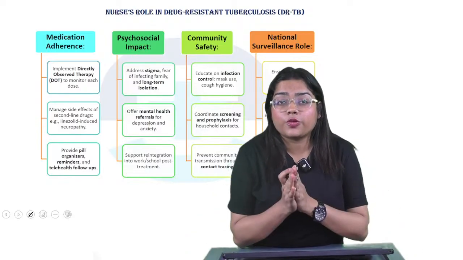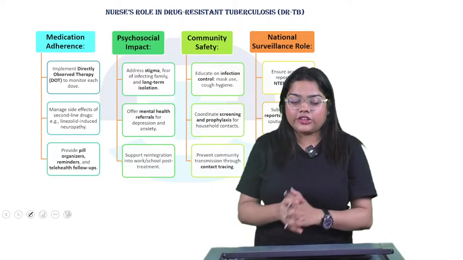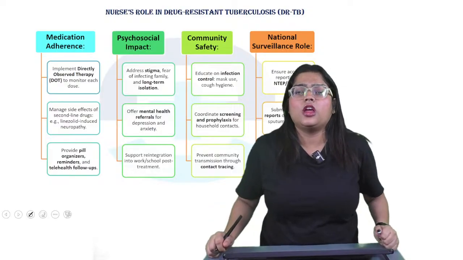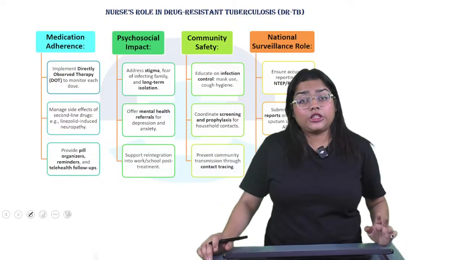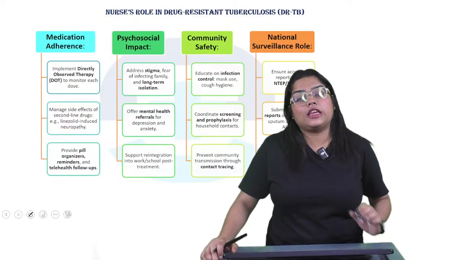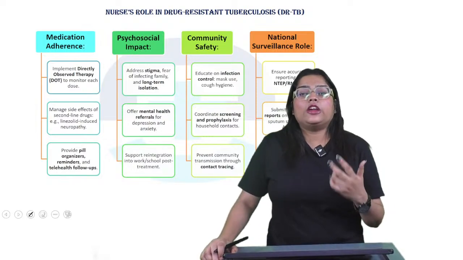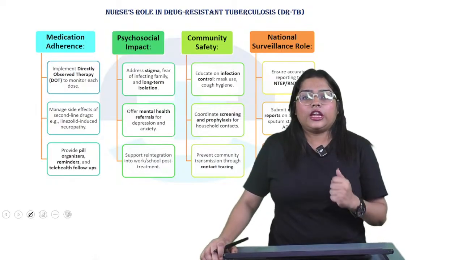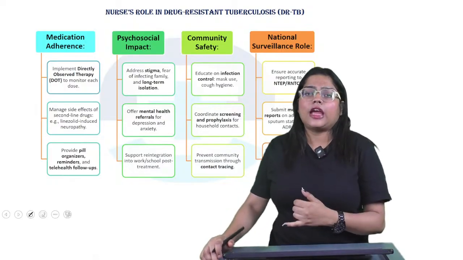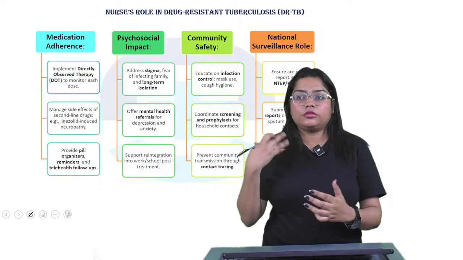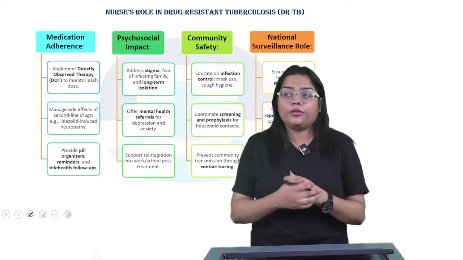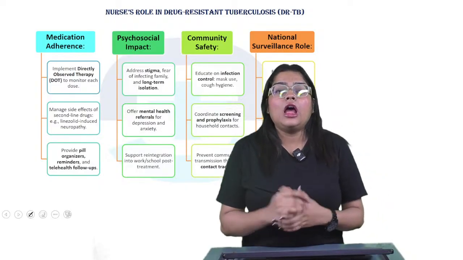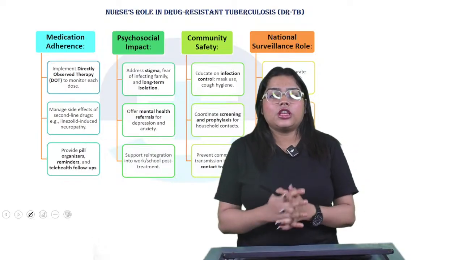Our first question is a nurse's role in drug-resistant tuberculosis. First, to know what is meant by tuberculosis. Tuberculosis is a disease where there is a severe infection in the pulmonary area, or lungs. It happens because of Mycobacterium tuberculosis.